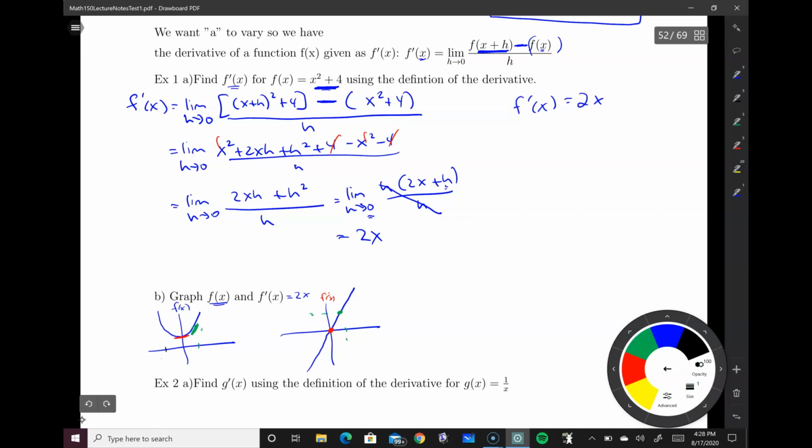If I pick a point like -1 and draw a tangent line, it has a negative slope, and the y value on this line would be -2. Does this black tangent line look like it has a slope of -2? So I want you to start to think about reading this y-axis, labeled as f prime, as slope.